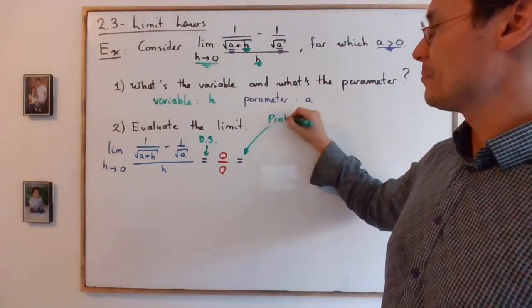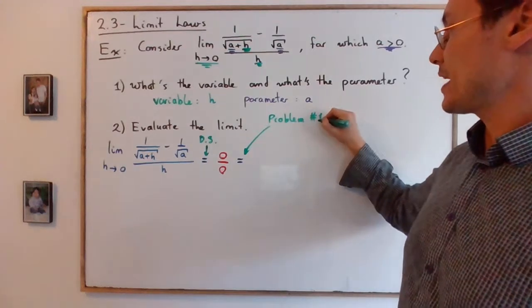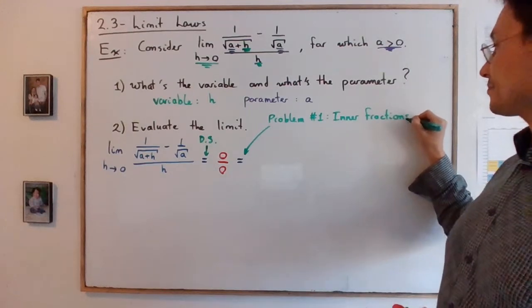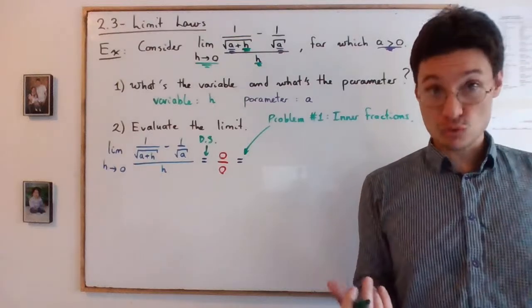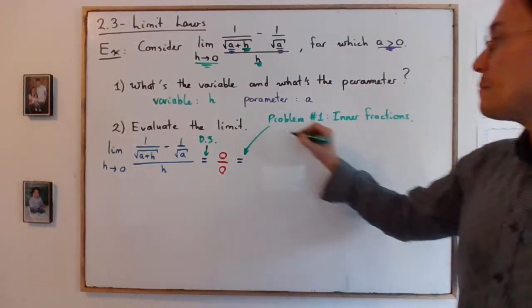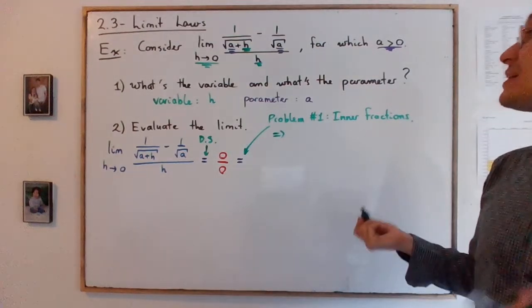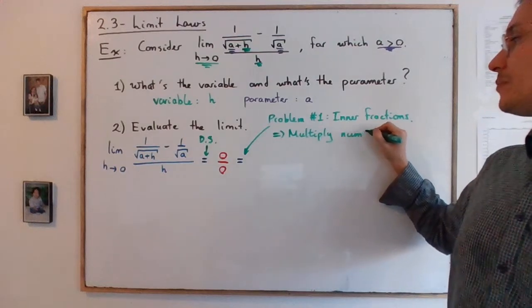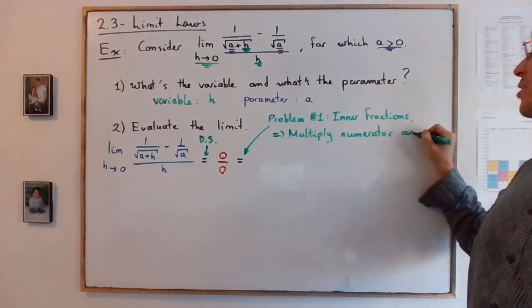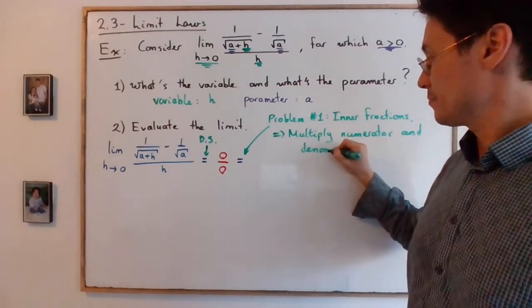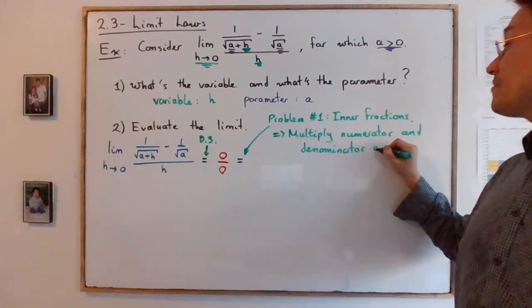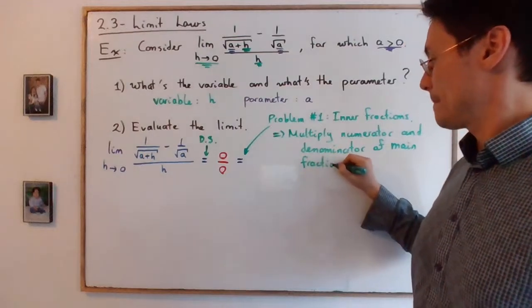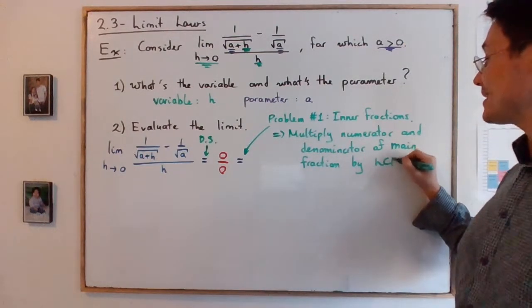We saw the solution to this problem: multiply the numerator and denominator of the main fraction by the least common denominator.